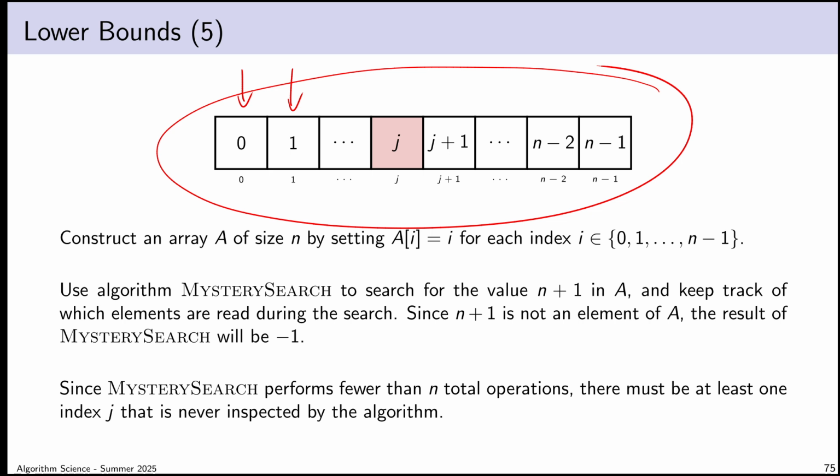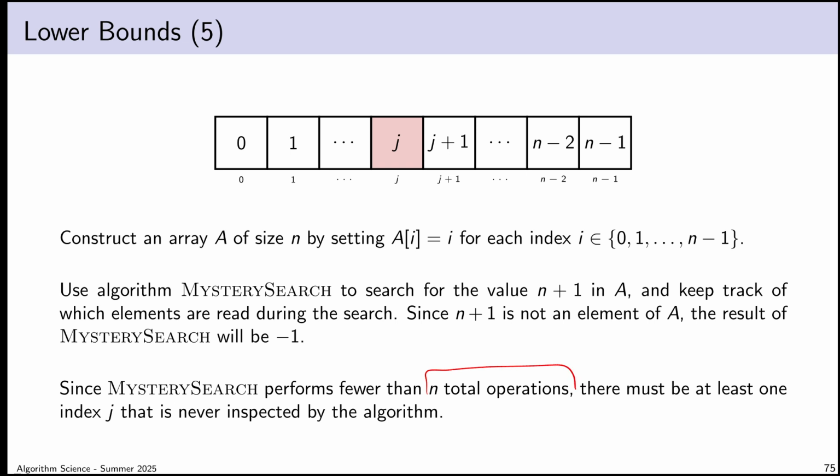And since it performs fewer than n total operations, well, there are n elements of my array. So if it performs fewer than n total operations, at least one of the elements can never be looked at. Maybe more than one of them. I have no idea what it's doing, but if I watch which elements it accesses, there's no way it can access all of them. So let J be the index of some element of the array that the algorithm never sees.